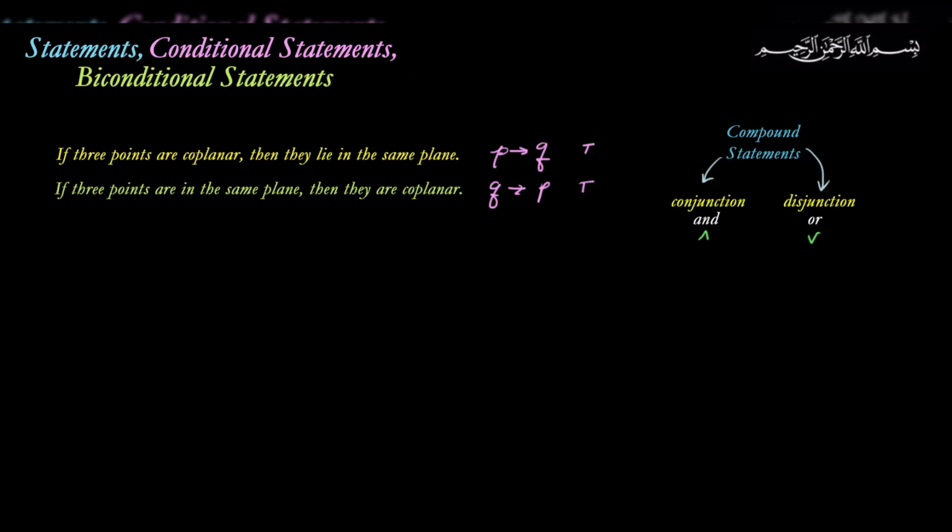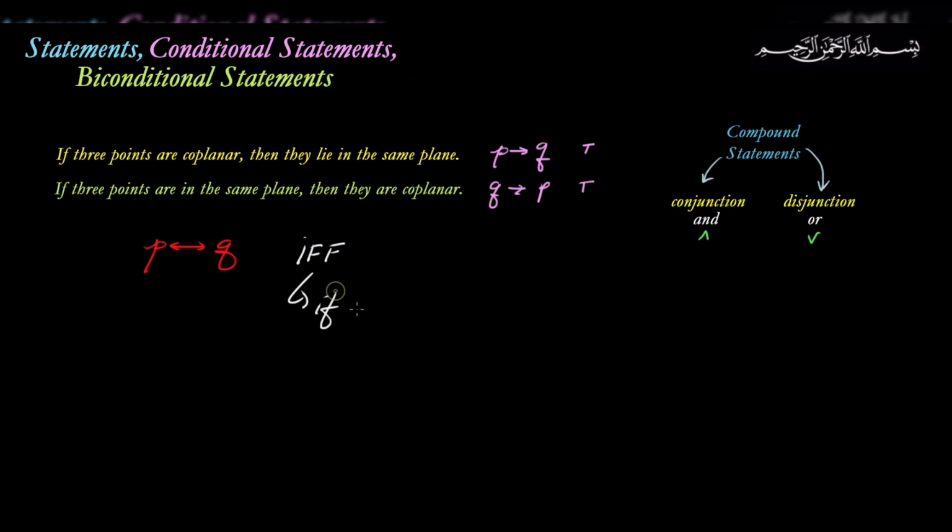In fact, when a statement and its converse are both true, that statement is called a biconditional statement, and you can simply write that as P and Q with a double arrow. This reflects a biconditional statement. That means both the original statement and its converse are true. And sometimes it's also written as if and only if, IFF.